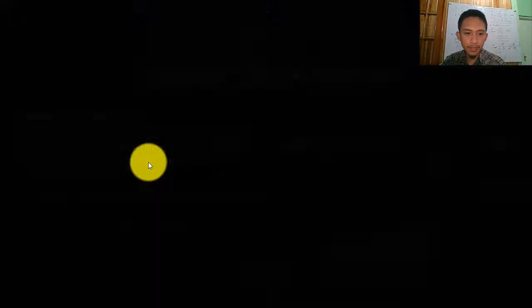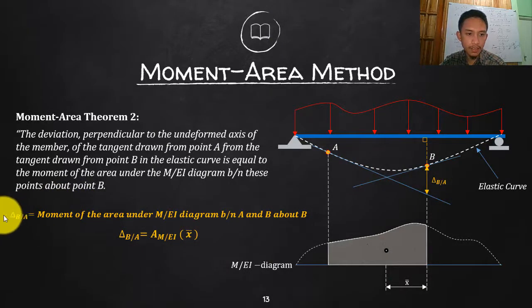And if you continue, that is the symbol of your deflection, delta, or it could be small delta. So what does this mean? If you look here at the same points A and B and still the M over EI diagram, the deflection or the vertical displacement between the tangents, okay, we are still talking about the tangents, not directly from the original beam.